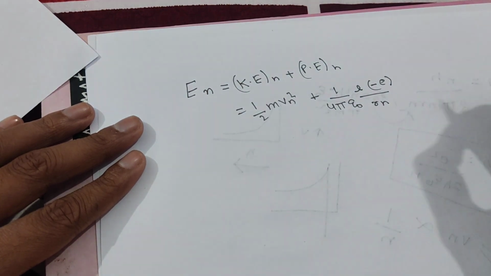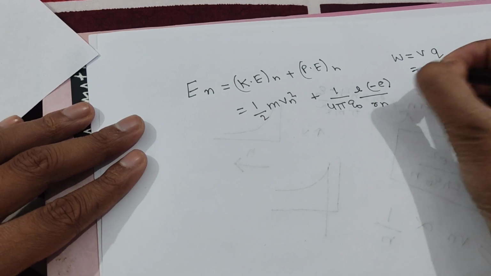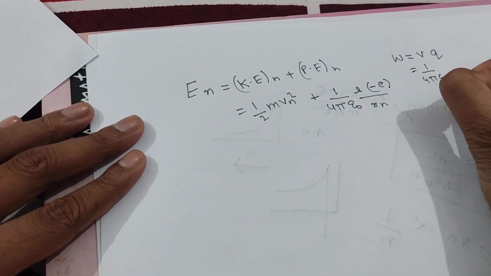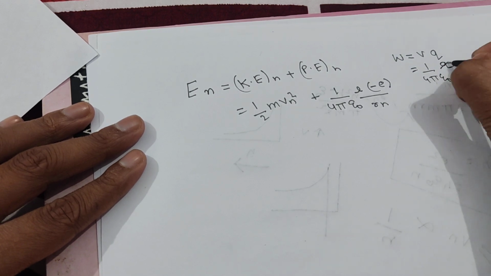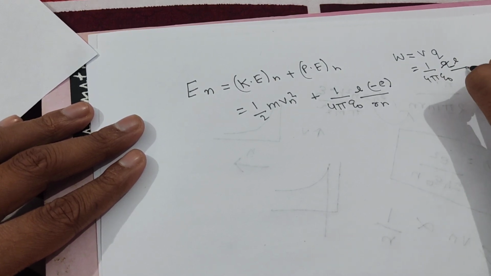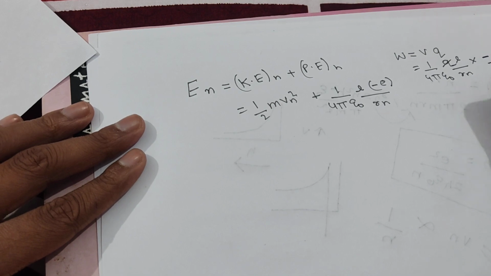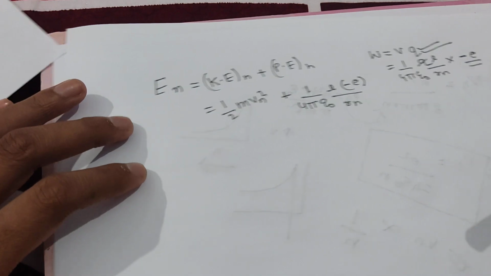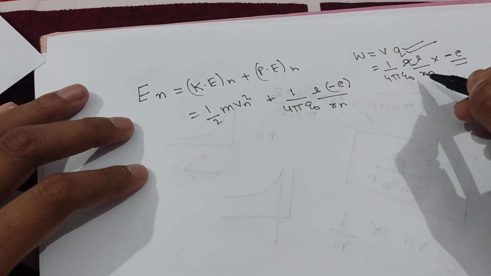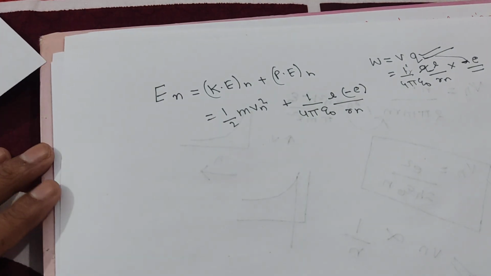This is how, like we know, work done is equal to V times Q. So V is 1 by 4 pi epsilon naught Q by R. Q here is the charge of an electron, so we take the minus sign, minus e. Okay, this is V and this is Q. So let's go.